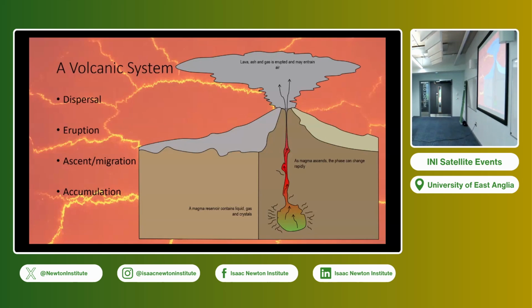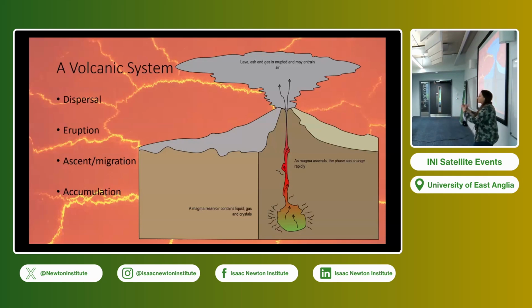This is a sort of overview of what I'm going to talk about today. This is a sort of cartoon of a volcano. We have a magma reservoir containing liquid, gas, and crystals. Then the magma gets to the surface somehow. We've got lots of phase changes happening as that's going on. And then we have eruption.